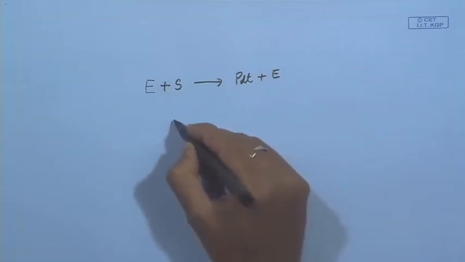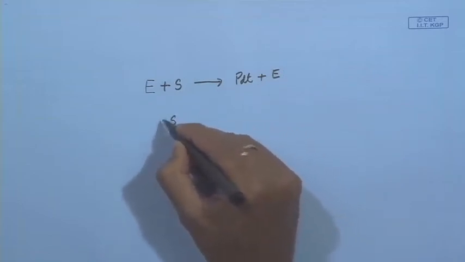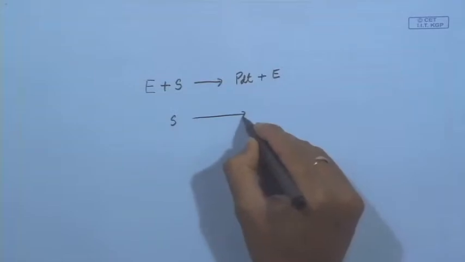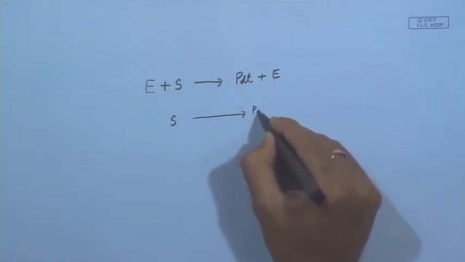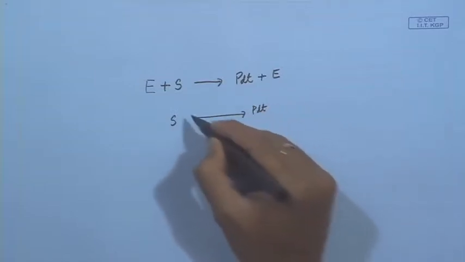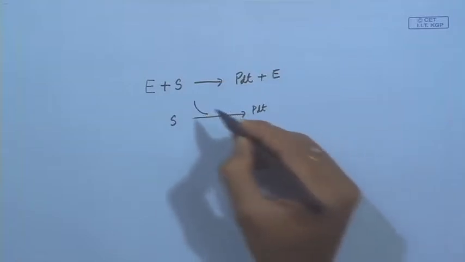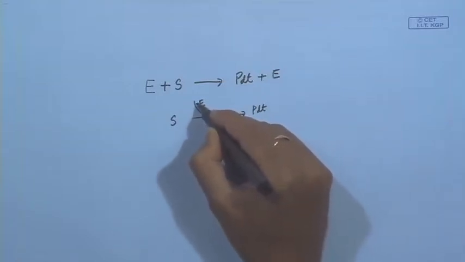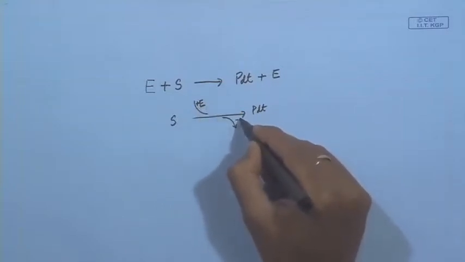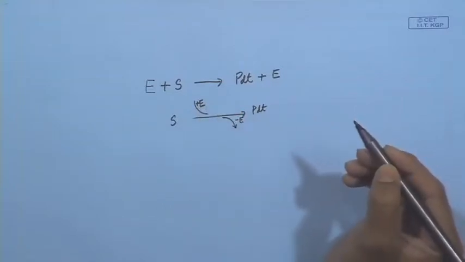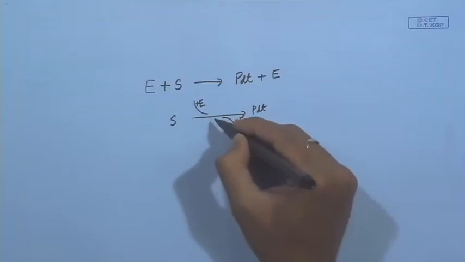So, basically substrate to product. Okay. So, this way enzyme is entering, and that way enzyme is coming out. Okay. So, plus E, this way minus E. Okay. So, enzyme is eliminated, enzyme is included.